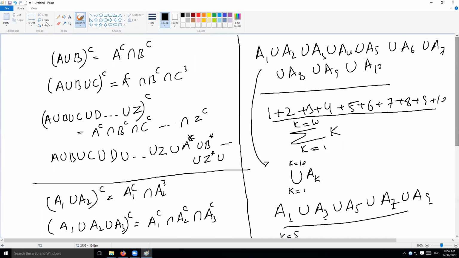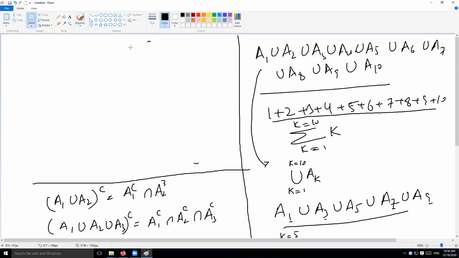So imagine now I have to write a general distributive law. I have a set A that I want to intersect with a general union: A1 union A2 union A3 union A4.